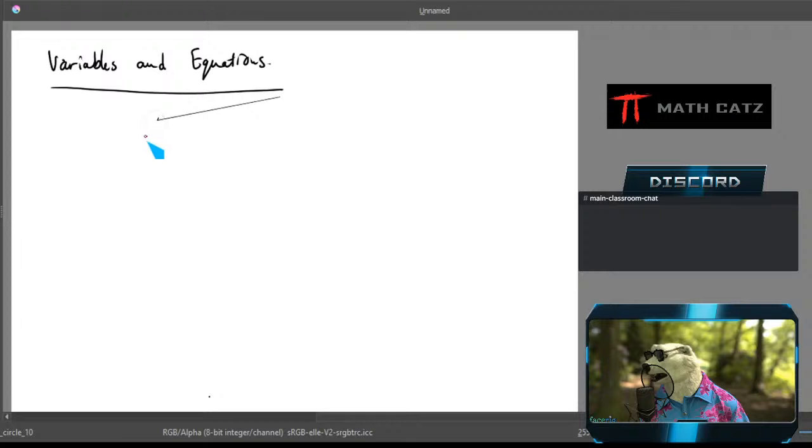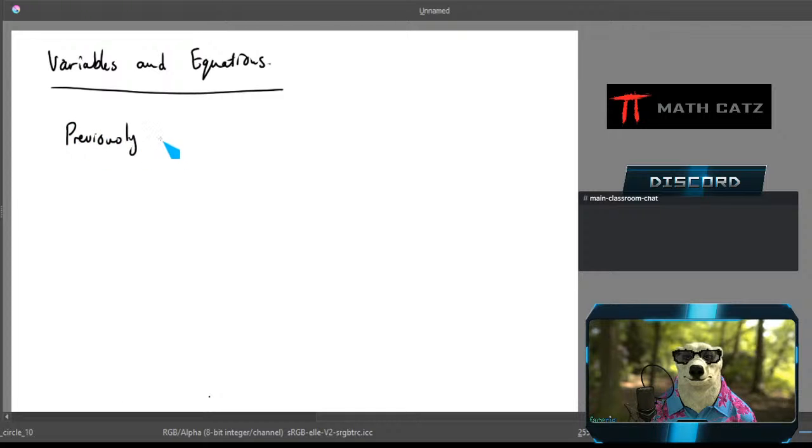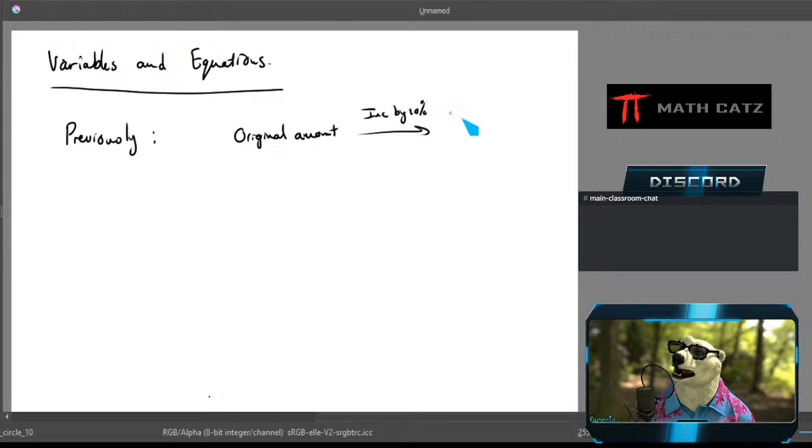Anyway, variables and equations. With percentages previously, we looked at, let's say, we don't know some original amount, and it was, let's just randomly say, increased by 10% to get my new amount, which they give me.